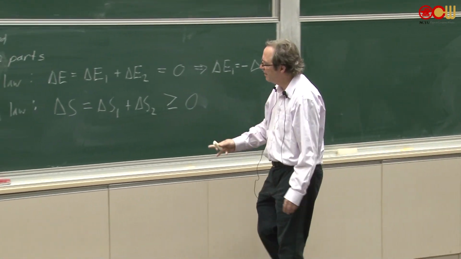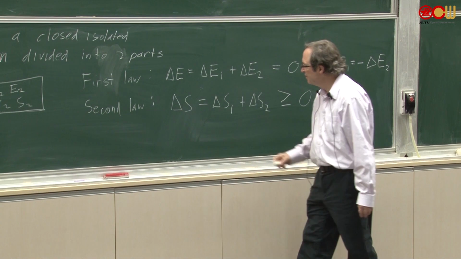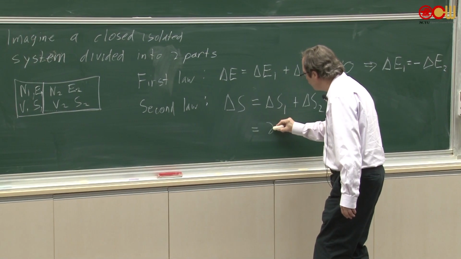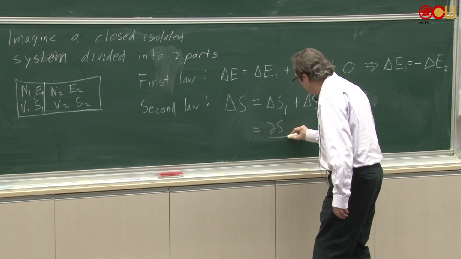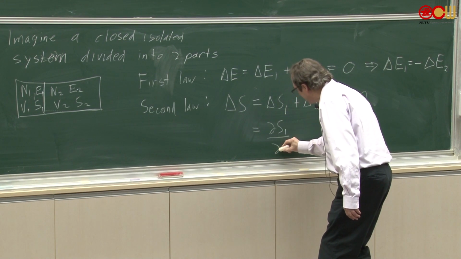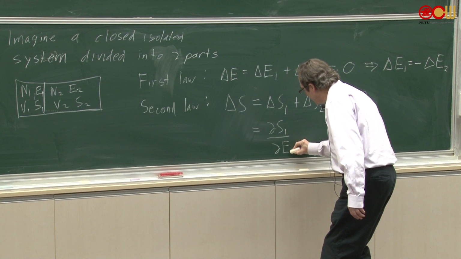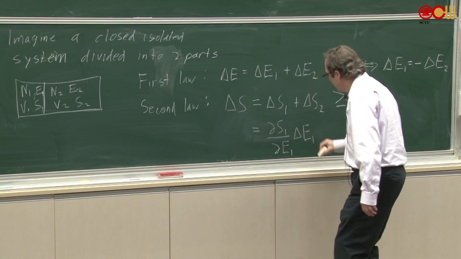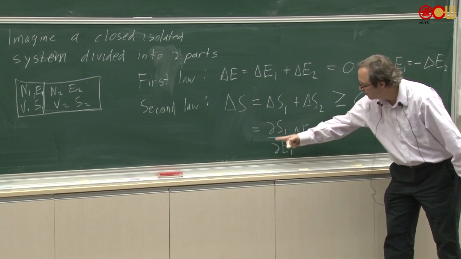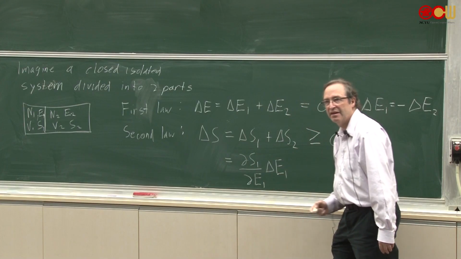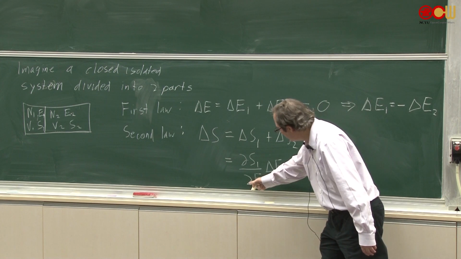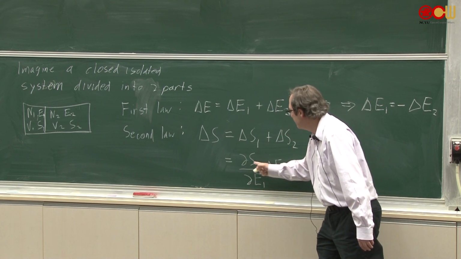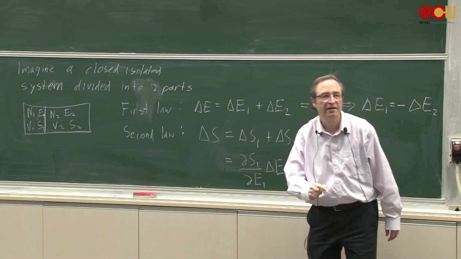Now we can write this in a slightly different way. We can say, let's take the derivative of S1 with respect to E1, and then times delta E1. This thing here is the same as that. One way of seeing that is this little delta E1 is essentially the same as that delta E1, and then you have delta S1 is there. Okay?